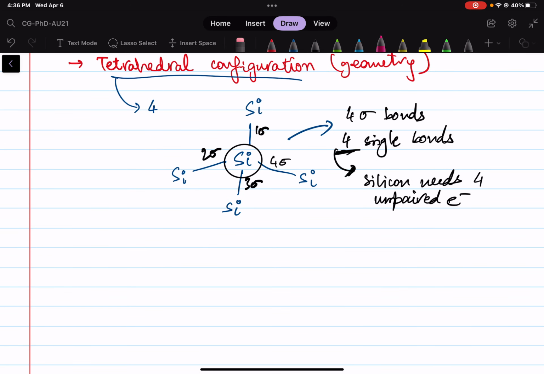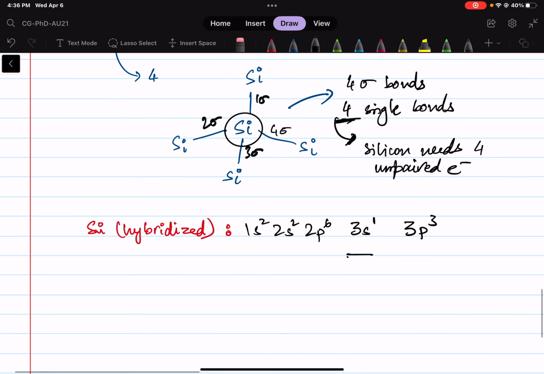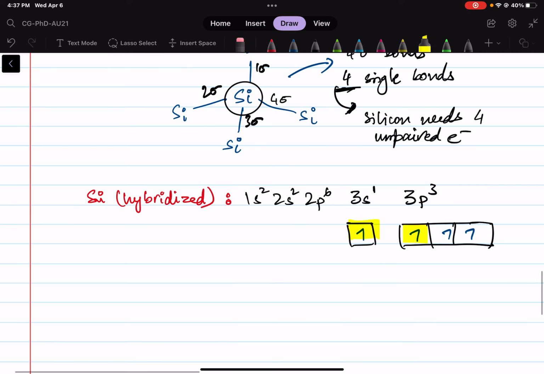So if I write the electronic configuration again of hybridized silicon, the initial part would remain the same, 1s2, 2s2, 2p6, but after this 3s will become 1 and 3p will become 3, and if you draw it out, it will look like this: 1 electron in each of these orbitals. So now you have 1, 2, 3, 4.